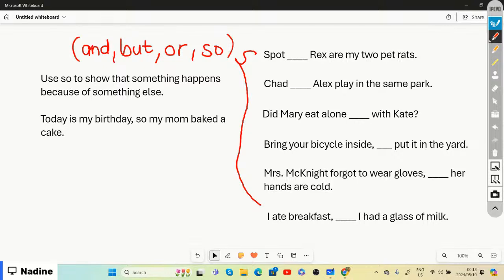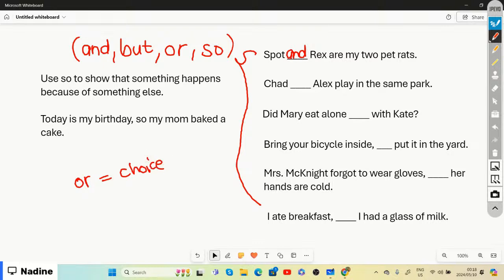If they are your two pet rats, right, both of them, then we're going to say Spot and Rex are my two pet rats, because remember, the word or is used as a choice, right?